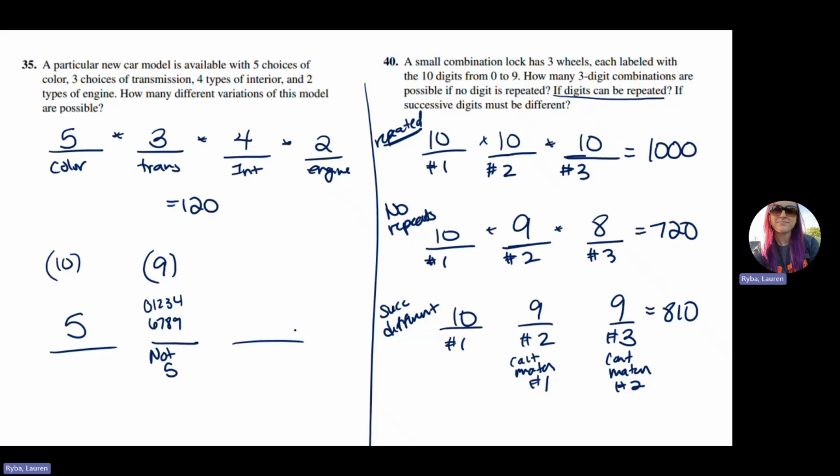Whatever I put in here, this one can't be that number. So it's specifically saying successive digits have to be different. So this has to just be different than the one before it. So whatever I put in there, there's still 9 other remaining options that can go there.